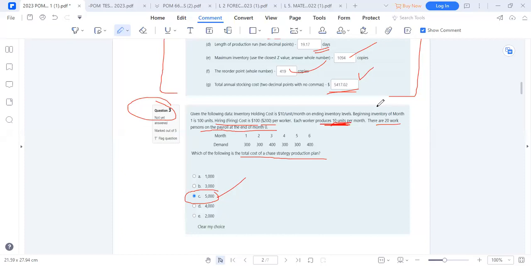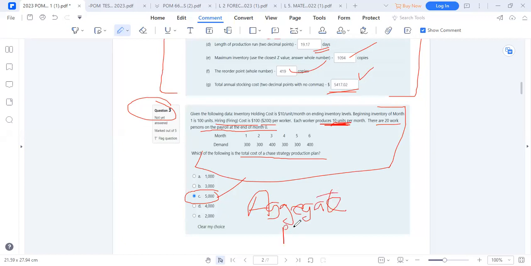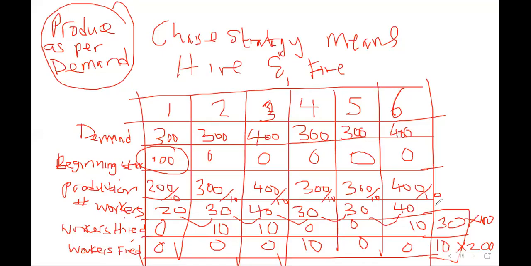So this is a chase strategy. This topic came as what? Aggregate planning. So we are ending today's class on this one, please. The other questions we are going to go for later. Go through this, especially what I've shared, and go through how this came about, and please take note of anything else that is here.